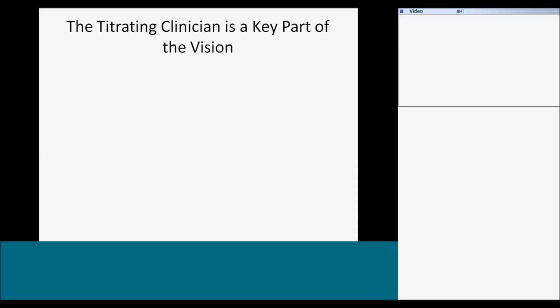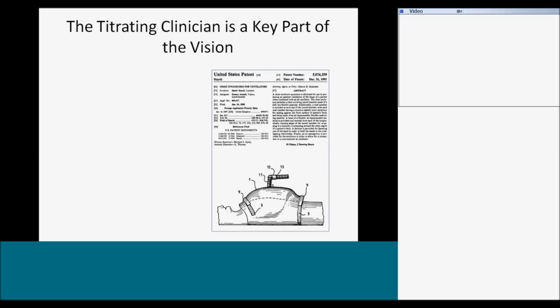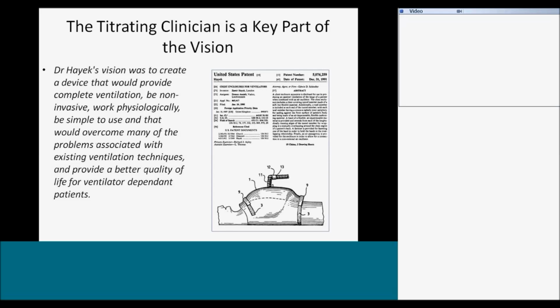So as the person helping to determine the correct settings for the patient, you are a key part of the vision. And here's a copy of Dr. Hayek's patent, and Dr. Hayek's vision was to create a device that would provide complete ventilation, be non-invasive, work physiologically, be simple to use, and that would overcome many of the problems associated with existing ventilation techniques, and provide a better quality of life for patients that are ventilator dependent.